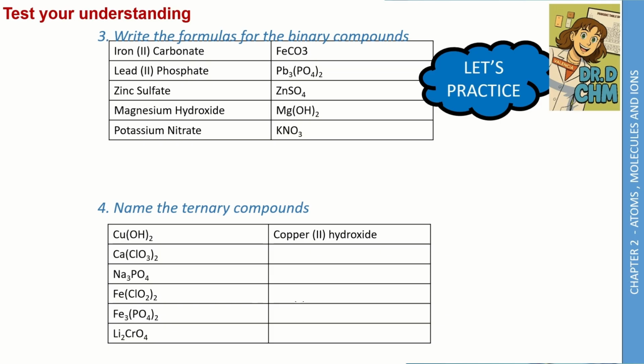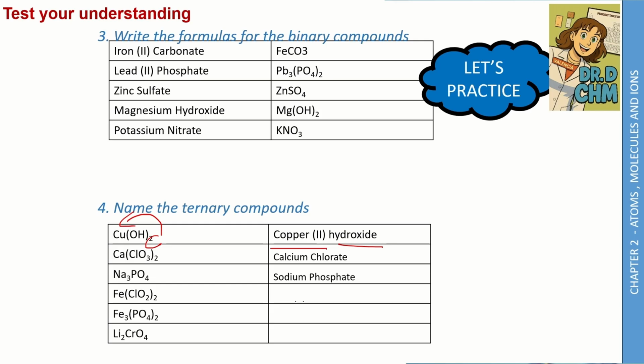So we have the charge, right? Copper 2. So I know that is the charge of the copper hydroxide. And here, calcium is in group 2, so I don't need to identify the charge in the Roman number. So it's calcium chlorate. And here I have sodium phosphate.